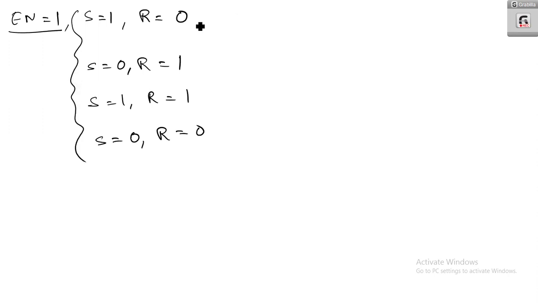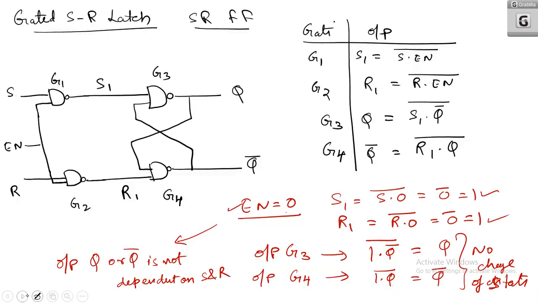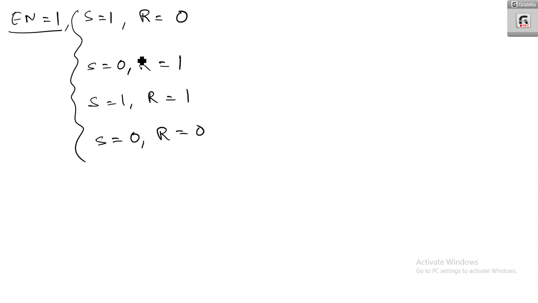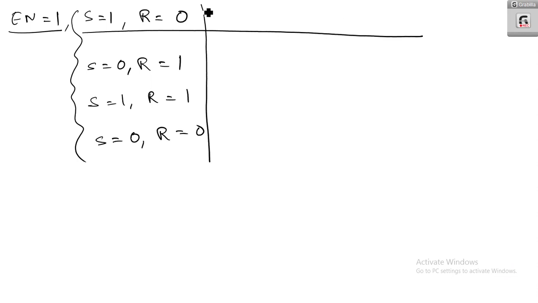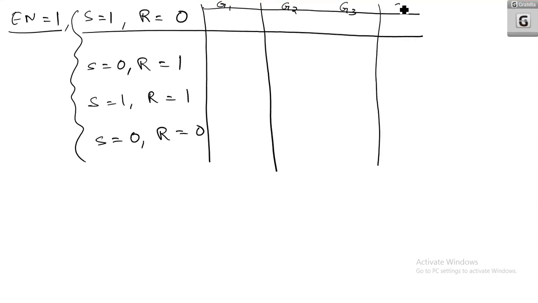Now, coming to the first case, what is the output of G1? That is S1. I am writing here the outputs of G1, G2, G3 and G4.